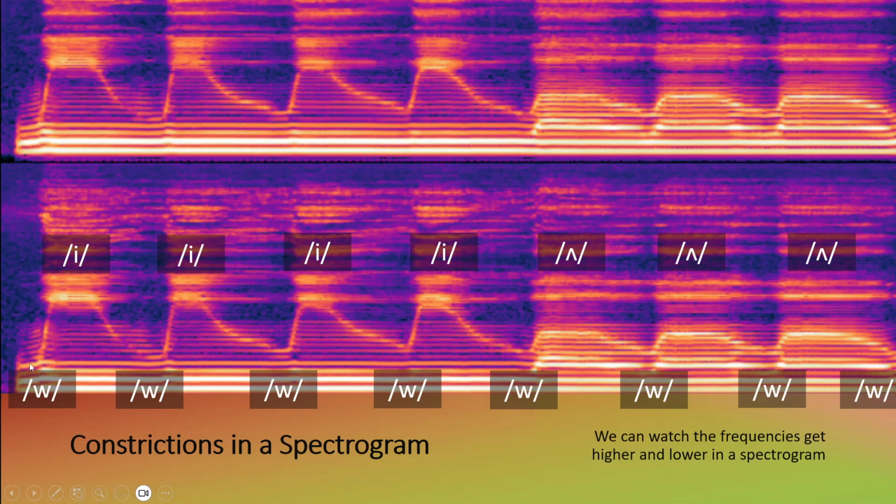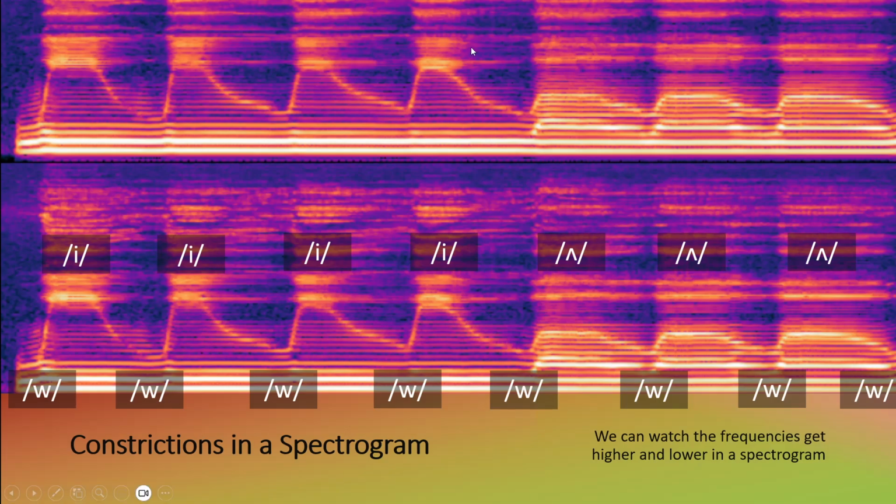So you've got W, there's a constriction, and then the constriction is lifted, and you get your E. It doesn't come up as much for the other vowel because that's just not where the formants are for it, but you can still see the same effect at play. Whichever vowel phoneme you're using here, the W is going to drop the formant. It's going to drop this frequency because it's a constriction at a velocity maximum.